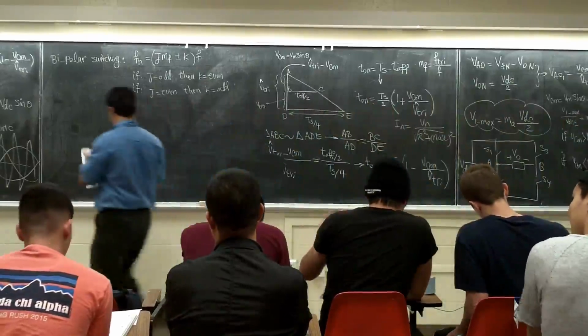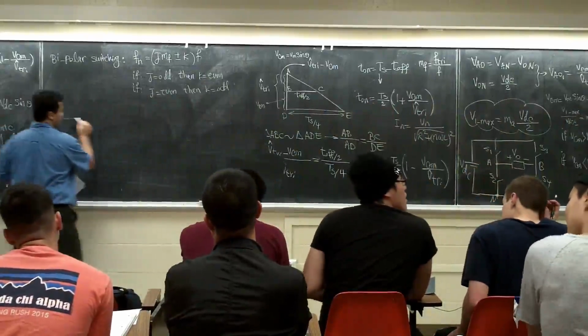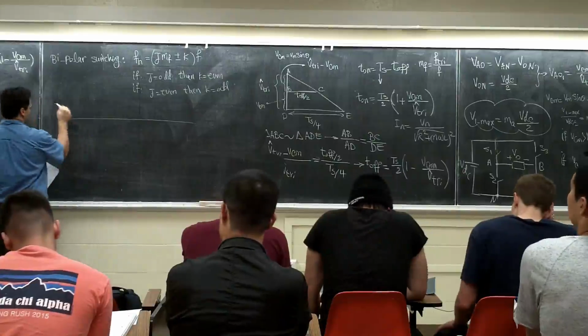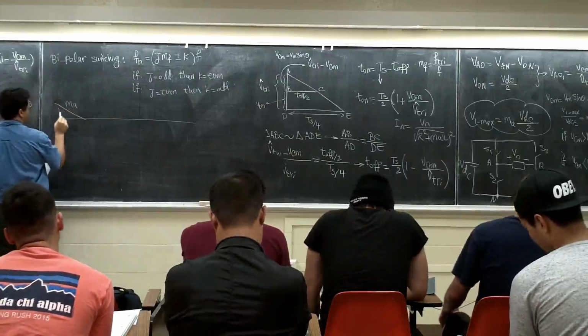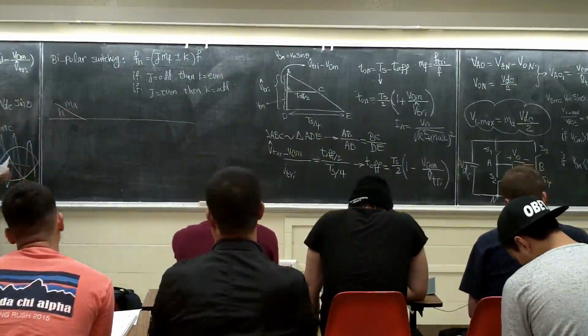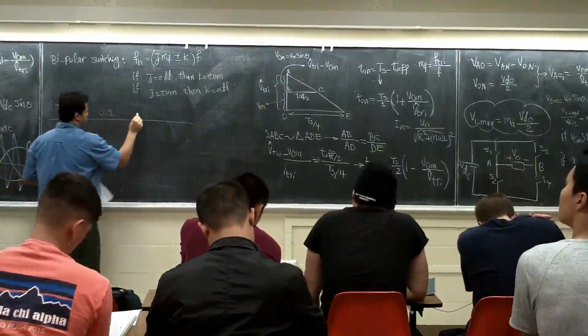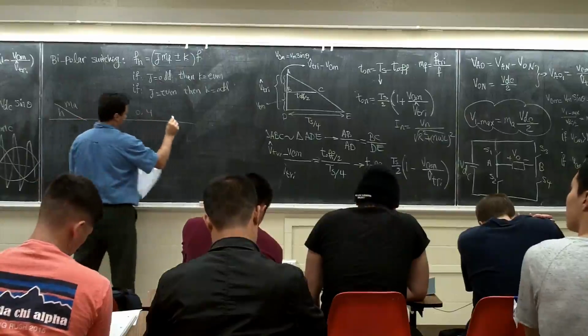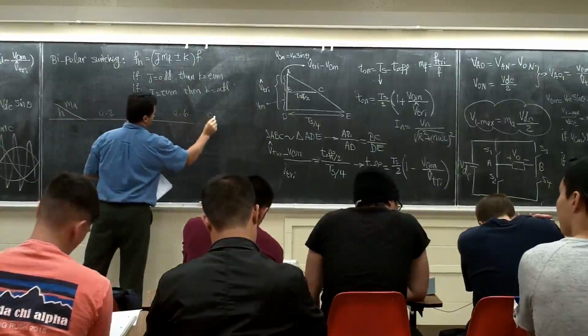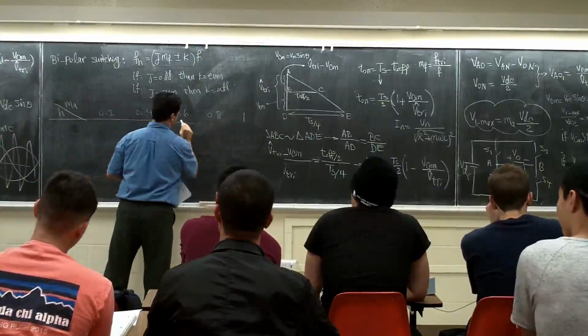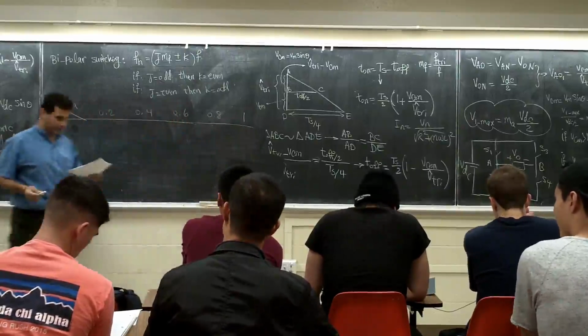Let me put this table here, because it has a good meaning and it's better to go over it. There's an MA here, and H is the number of harmonics. Here you put 0.2, 0.4, 0.6, 0.8, and 1. I'm not going to write all the numbers here, it's going to take time.